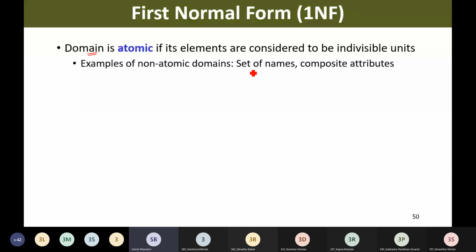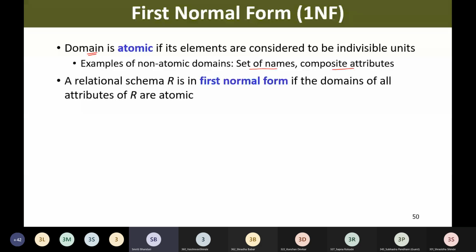A relational schema R is in first normal form if the domains of all attributes of R are atomic. What does this mean? If I am having a relation, then what I want is that every attribute should be associated with an atomic domain.